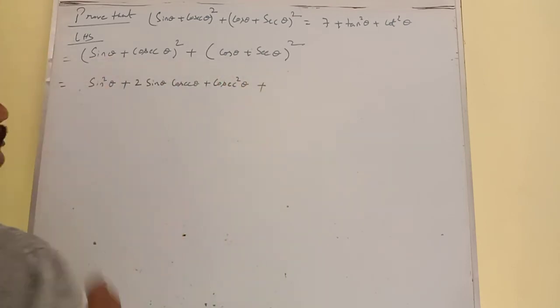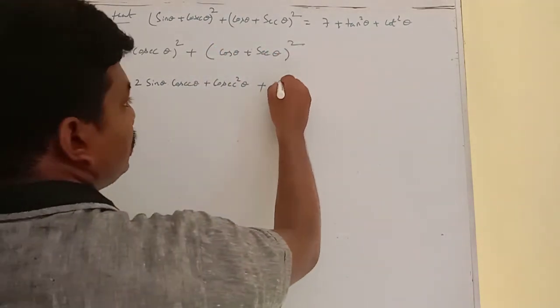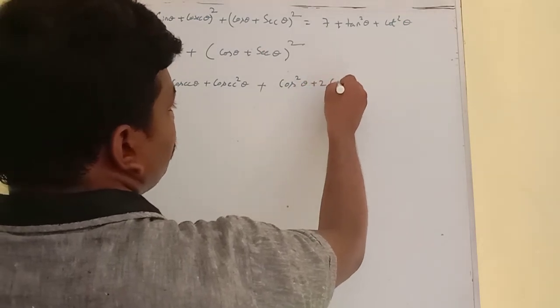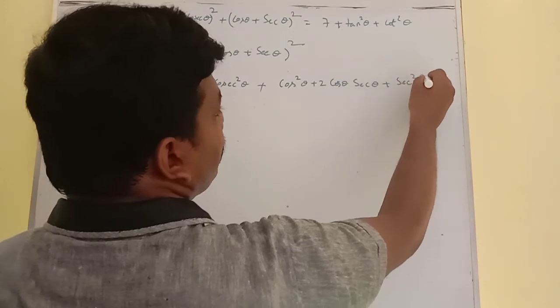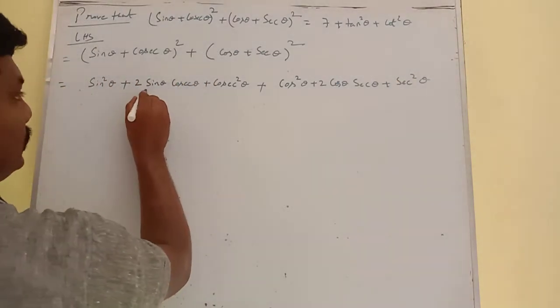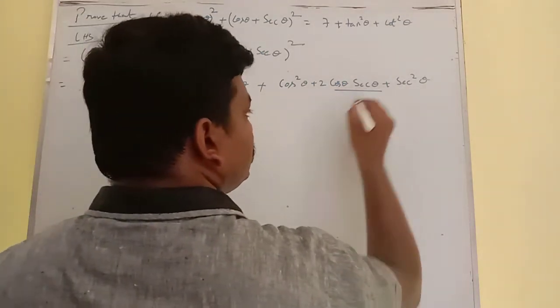So this is the first one. Then coming to the second one, (cos theta plus secant theta) whole square, this is cos square theta plus 2 into cos theta into secant theta plus secant square theta.